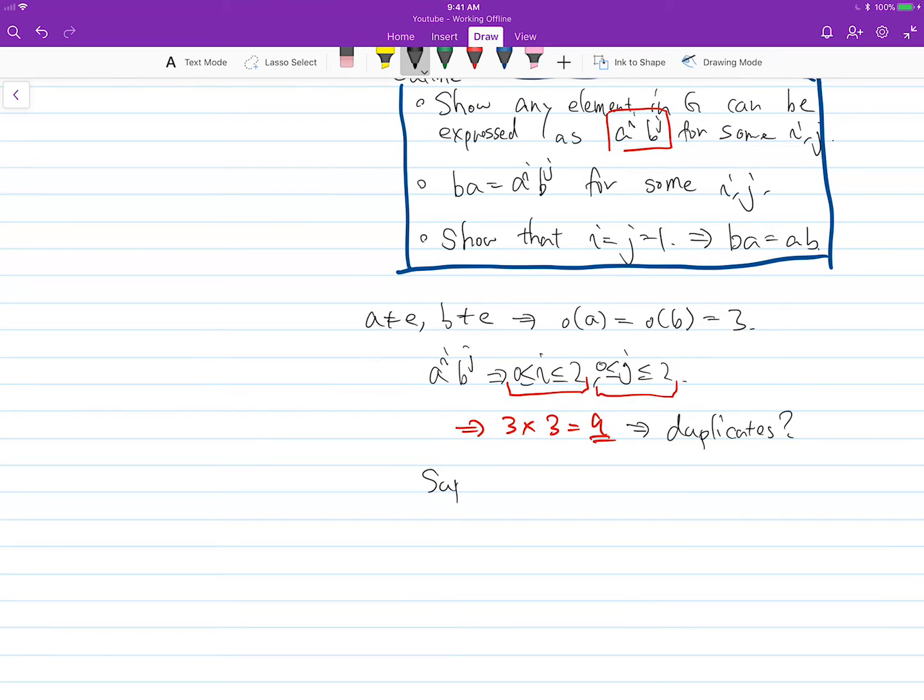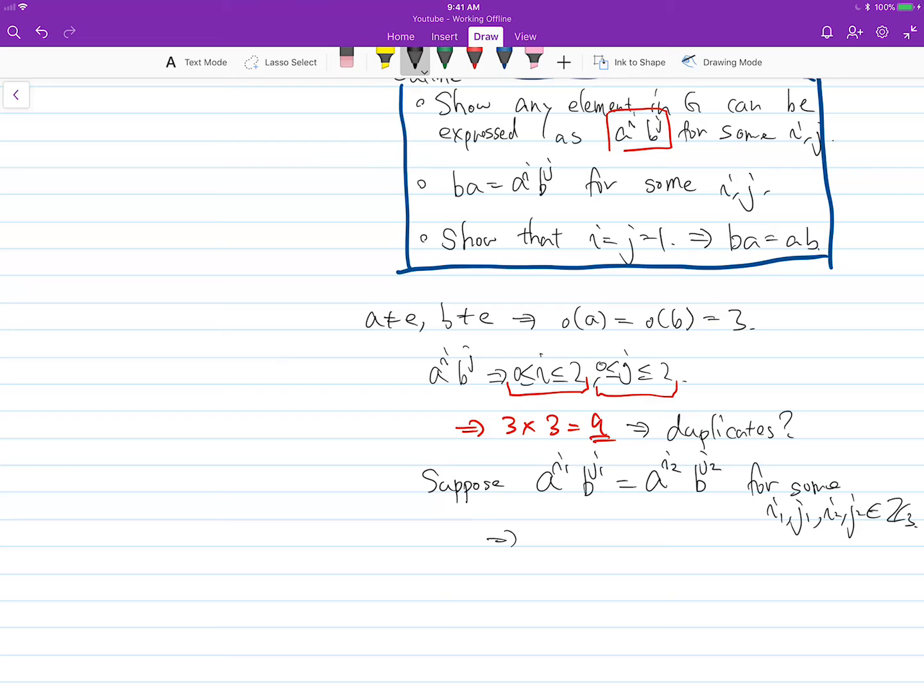So suppose A to the I1, B to the J1 equals A to the I2, B to the J2 for some I1, J1, I2, J2 in Z3.